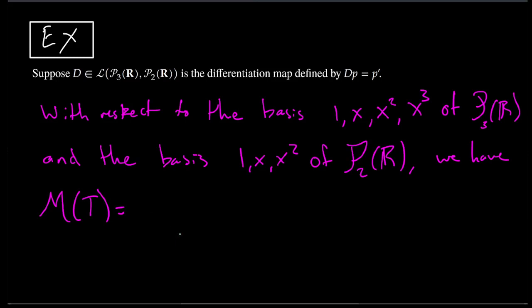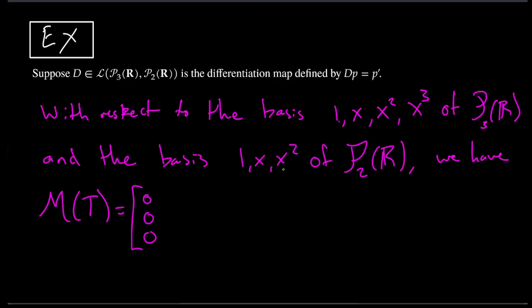All right, let's run through it together. So when you differentiate, what happens to 1? It turns into a 0. Okay, cool, right on. So if you were writing 0 as a linear combination of 1, x, and x squared, the only way to do it would be with coefficients that were all zeros.